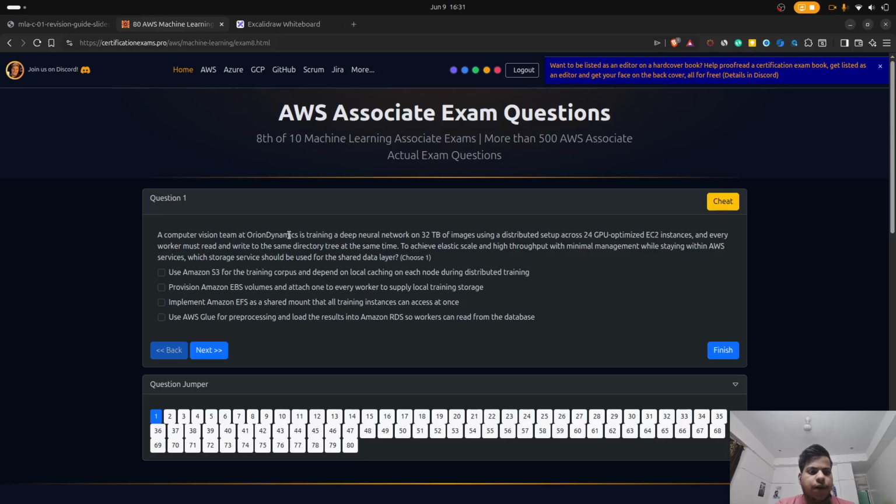So the computer vision team at Orion Dynamics is training a deep neural network on 32 TB.